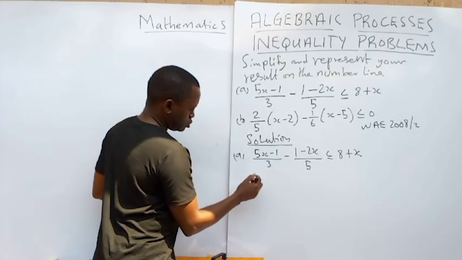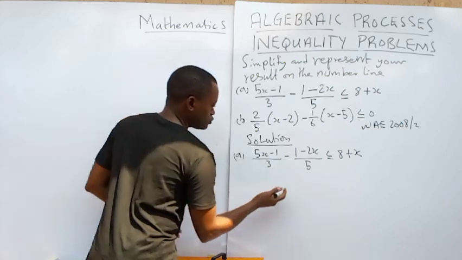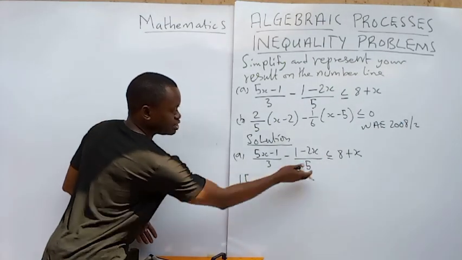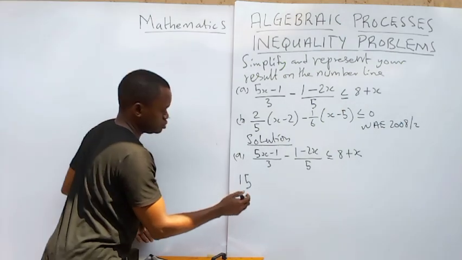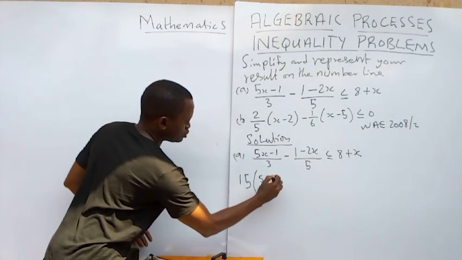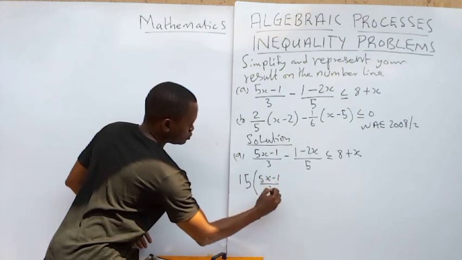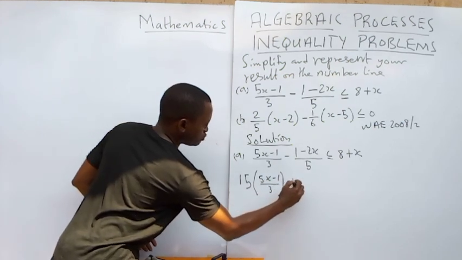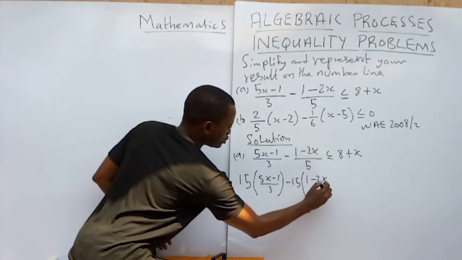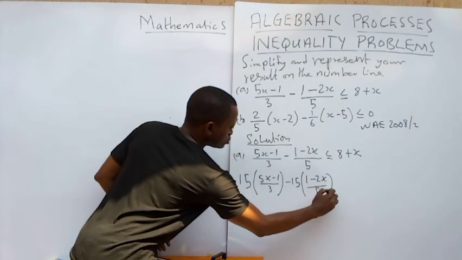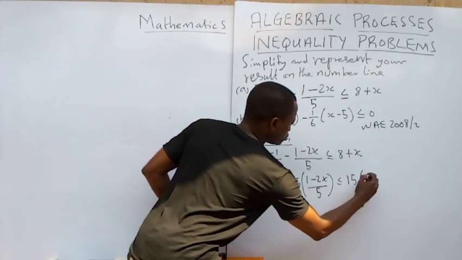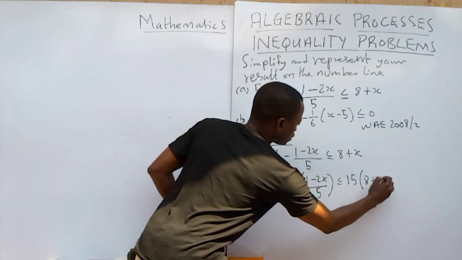All right. So this is my way of solving this problem. I'll use that 15 to multiply all of them across. This is 5x minus 1 over 3, then minus 15 into 1 minus 2x over 5, then less than or equal to 15 into 8 plus x.